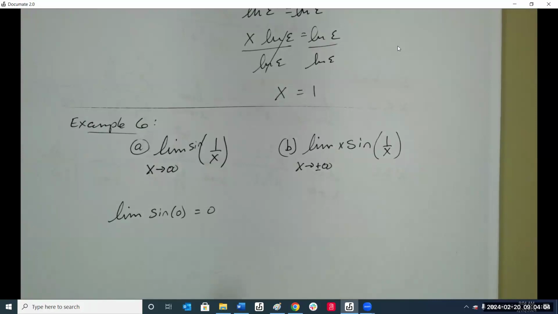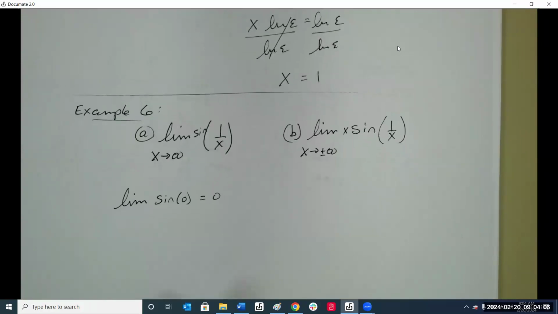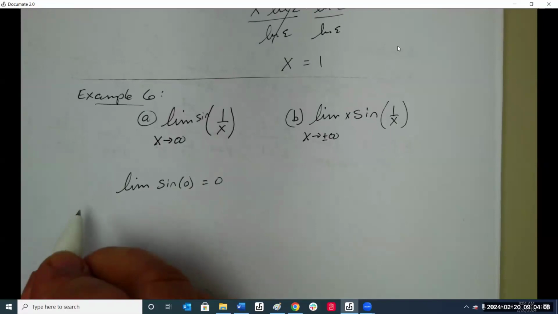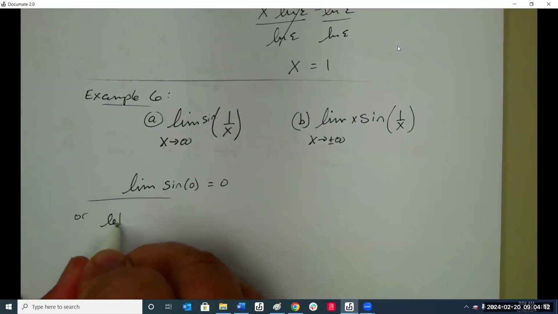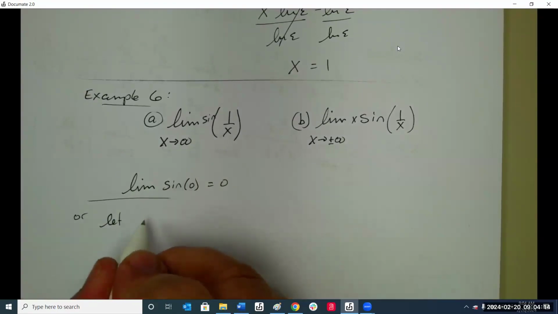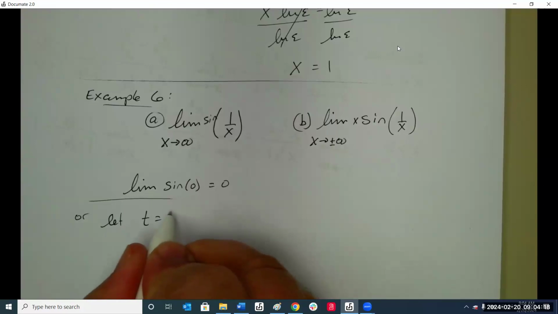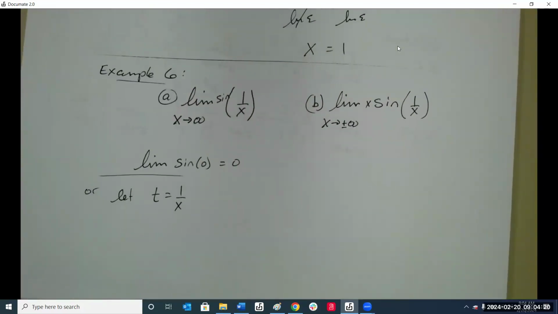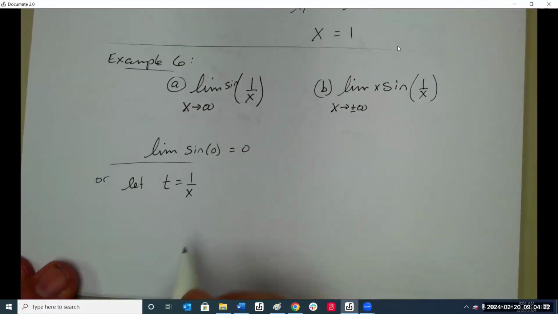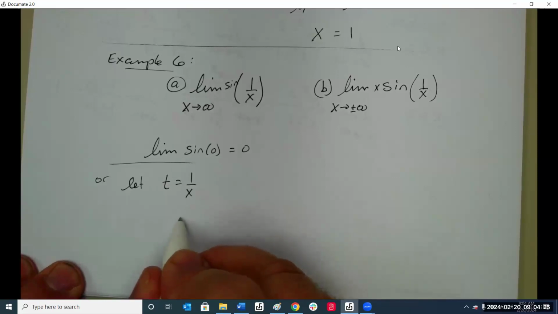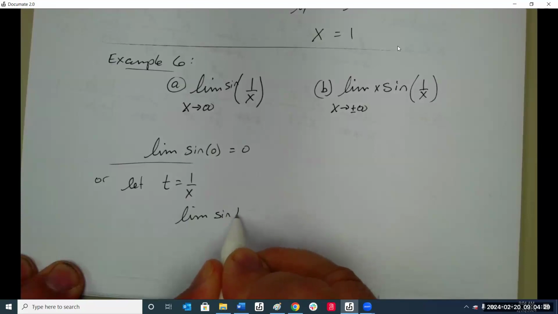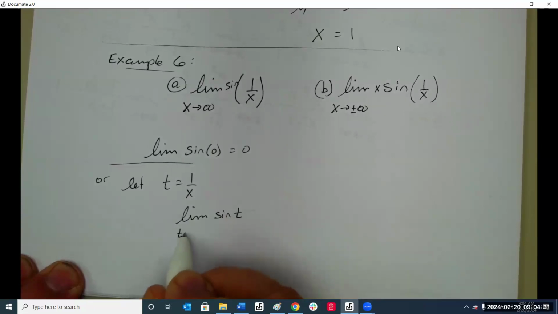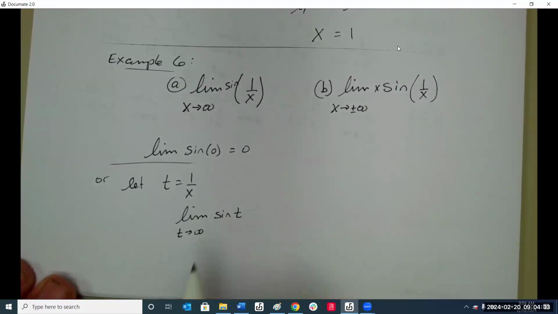That's one way you could do it. Or we could use substitution. Let t equal 1 over x. So we have the limit of sine of t as t approaches infinity.